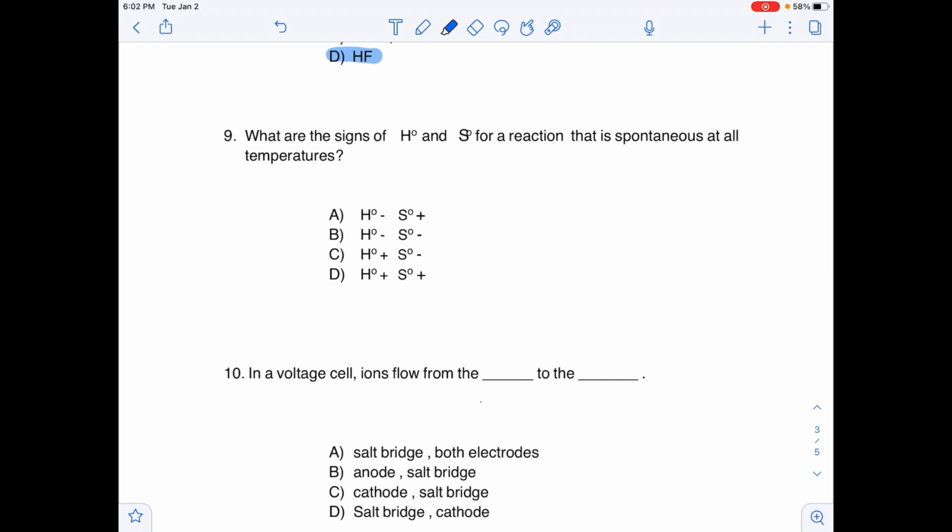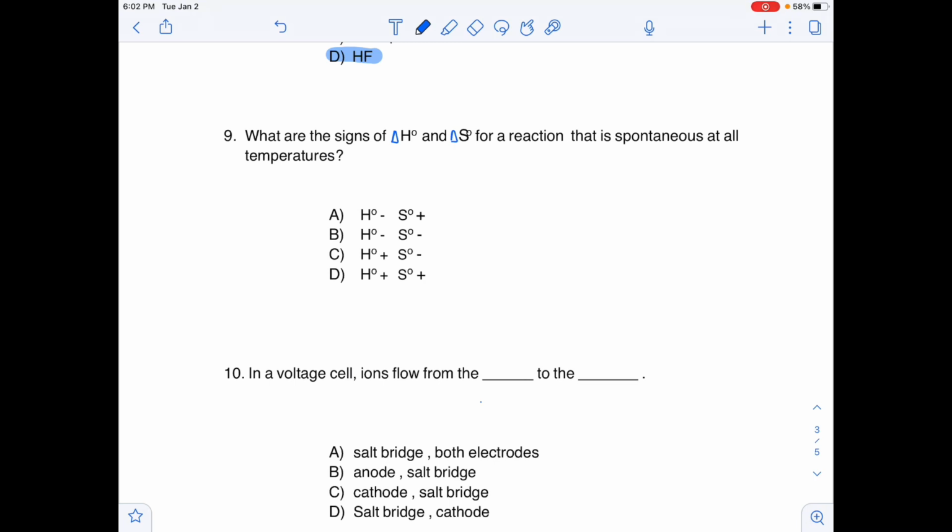For 9, it says, what are the signs of delta H and delta S for a reaction that is spontaneous at all temperatures? So this is something you also have to know, and there's usually a chart to follow for Gibbs free energy.